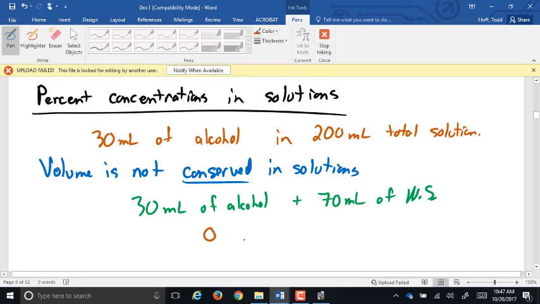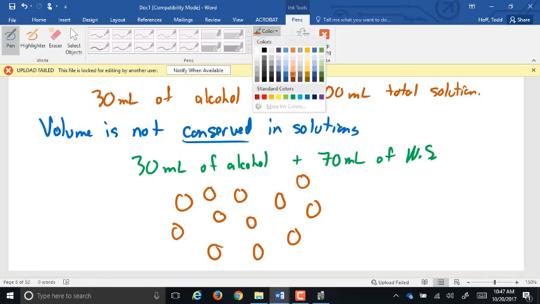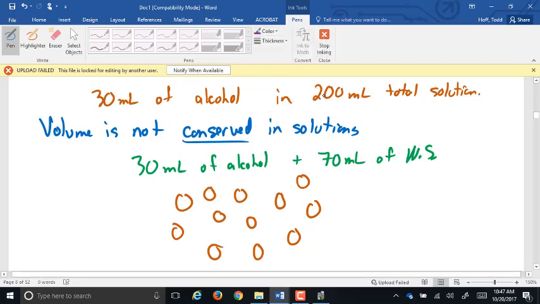If you have the water that has particles, and everybody thinks water is like fluid and all connected, but there's actually space between those particles. And alcohol has significantly smaller particles, and those particles actually fit in between the gaps between the particles of water.